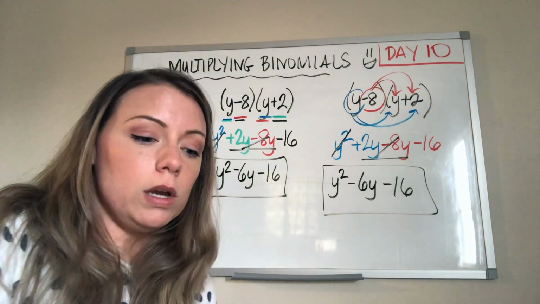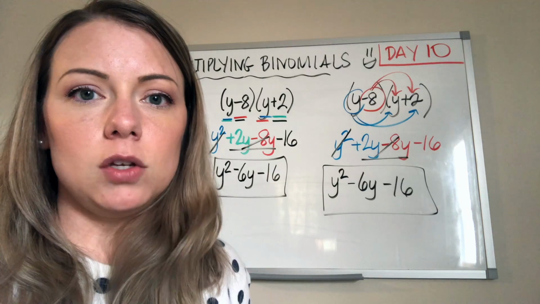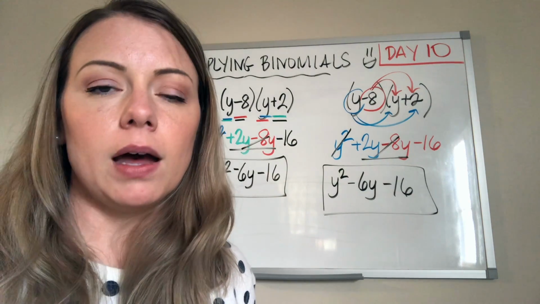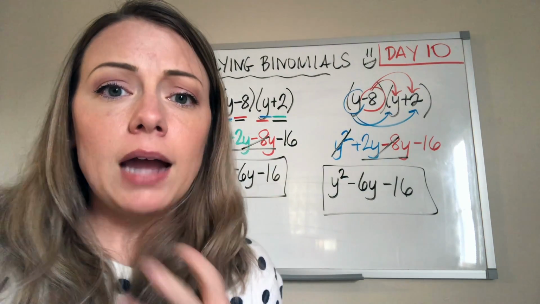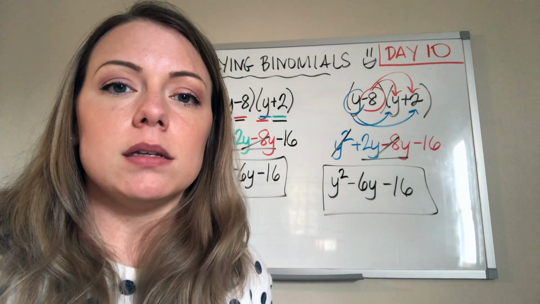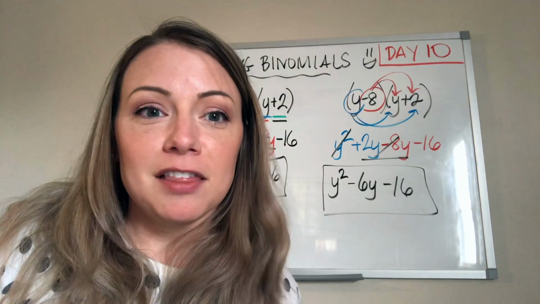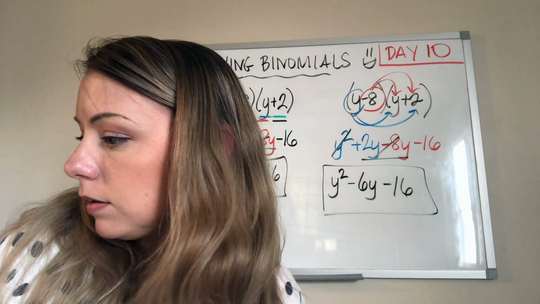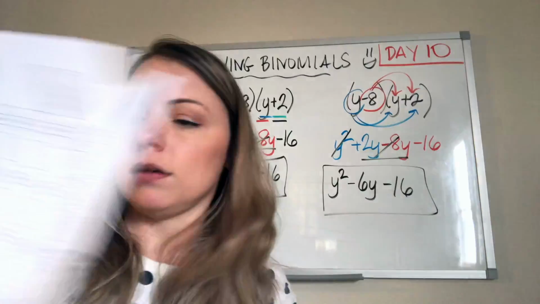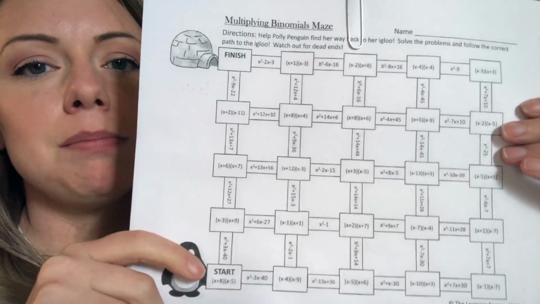So whichever method you prefer at this point is fine. Just pick one or practice both of them and complete, well, I lost it. There's a maze that you have to do. And then you're going to complete this maze.